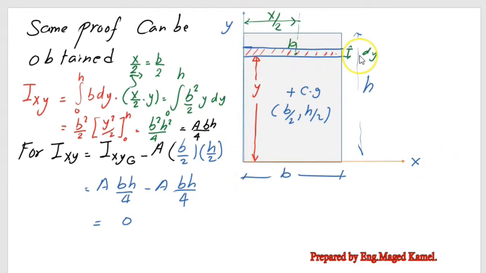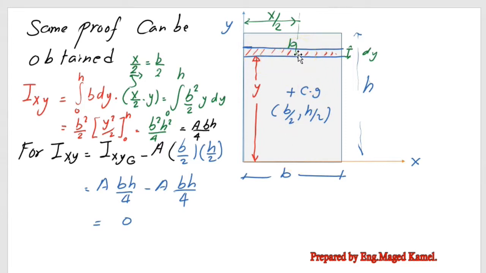And here we are going to draw a strip dA with breadth equal to b and width equal to dy. Our product moment of inertia will be equal to the area of the strip multiplied by the x value from the CG to the y-axis, multiplied again by the y distance from the CG to the x-axis.